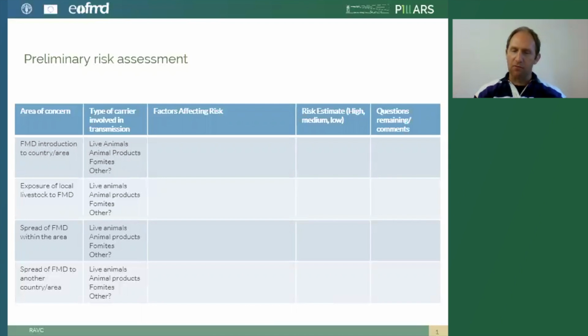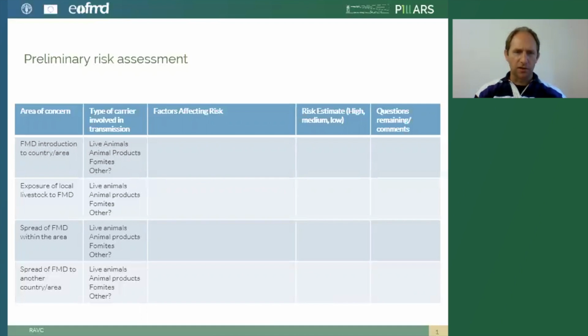We'll estimate that risk, and there's been some talk about terminology to categorize this risk. In this table here it is saying high or medium or low. It's just a preliminary risk, but it's just to give us a basis to move on to the next steps. And then we identify some of the questions and unknowns that are relevant to this, and maybe things we want to know more about, or just some comments that are relevant to this.